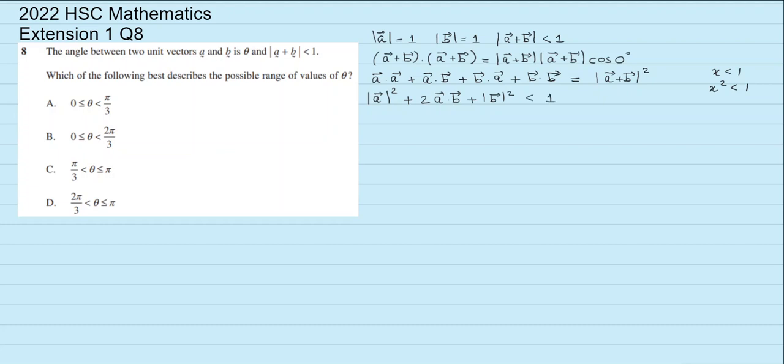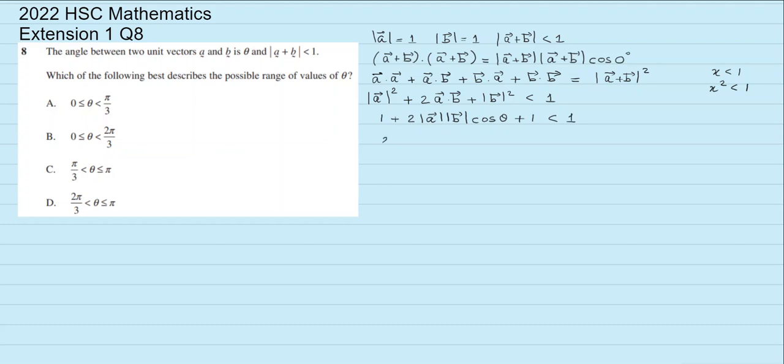The magnitude of vector A is already given to us as 1. So I can write it as 1 plus twice the magnitude of vector A times the magnitude of vector B times cos of the angle between the two vectors, so cos theta, plus 1 should be less than 1.